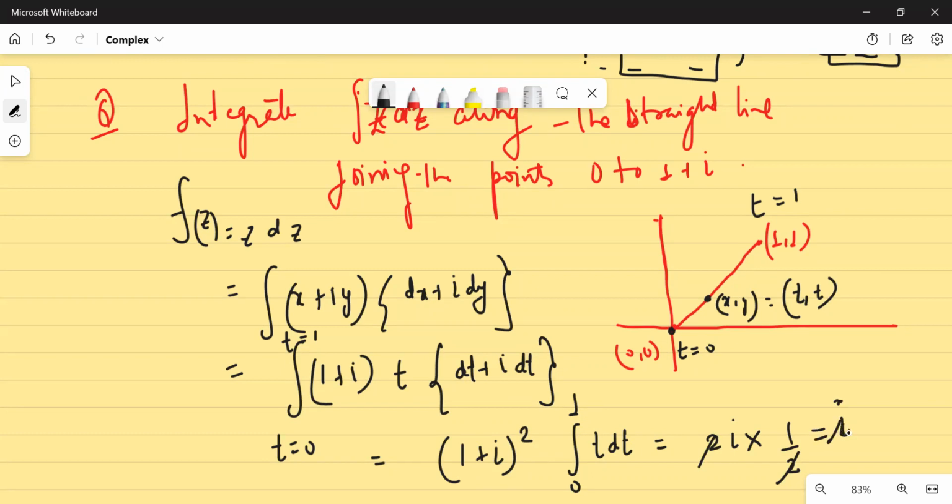So the contour integration, or you can say the line integral, of function f(z) equal to z along the straight line joining point (0,0) to (1,1) would be iota.